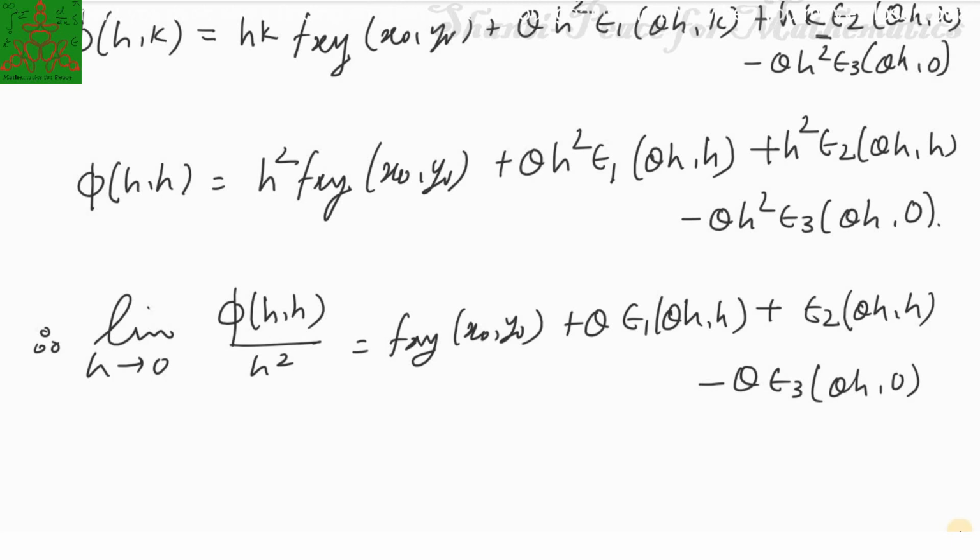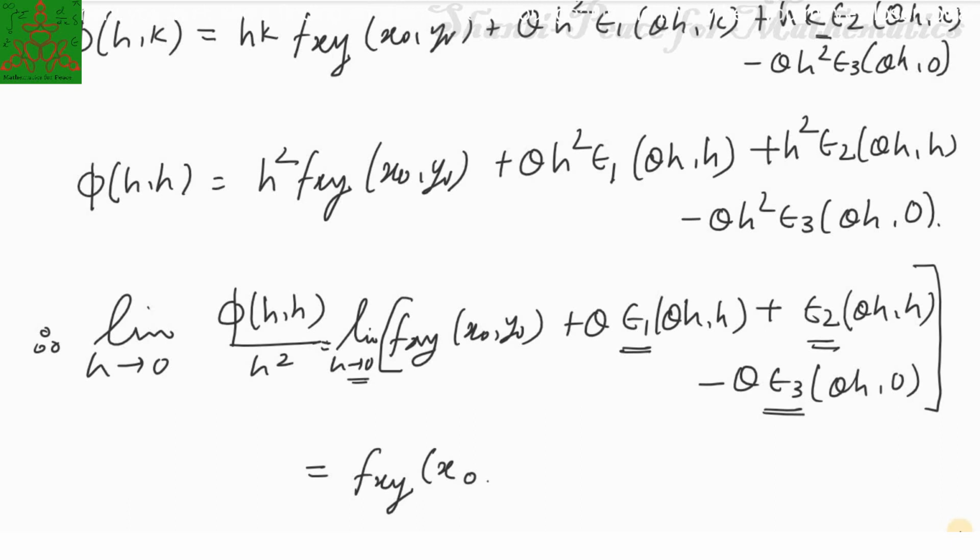Obviously this will tend to 0 as h tends to 0, and you know that as h tends to 0, epsilon 1, epsilon 2 and also epsilon 3 will tend to 0. So this will give you nothing but fxy at x0 y0. This is because epsilon 1, epsilon 2 and epsilon 3 tend to 0 as h tends to 0.